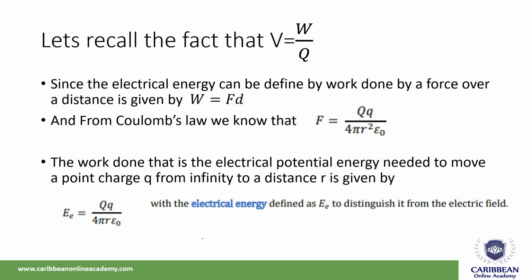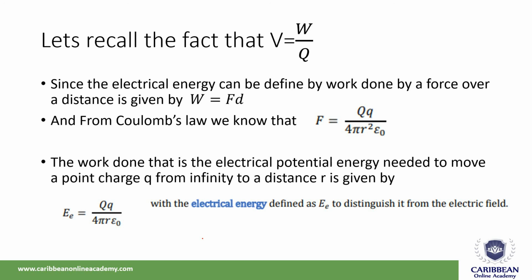Firstly, we must understand that electrical potential is the electrical potential energy per unit charge. And since electrical potential energy can be defined as work done, by saying force times distance, then we can do a little bit of manipulation, so to speak.